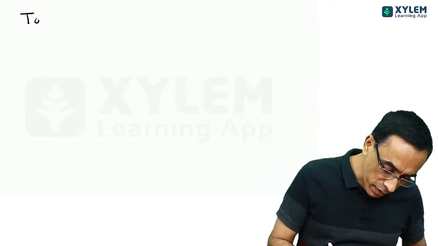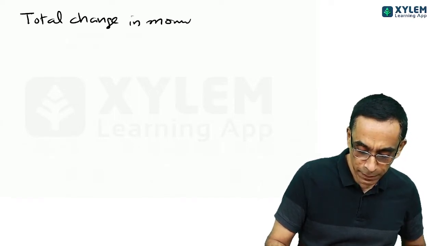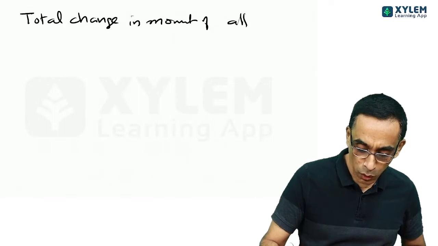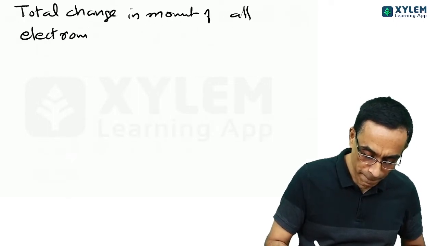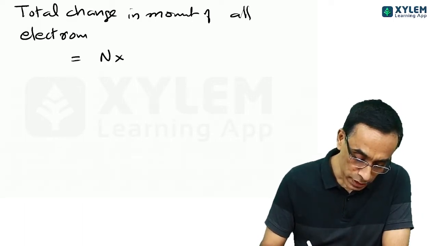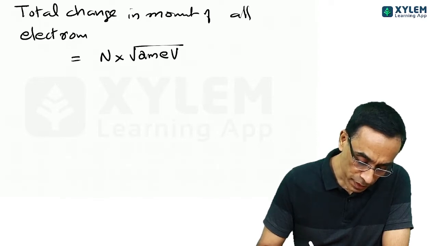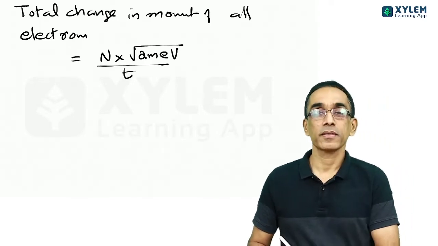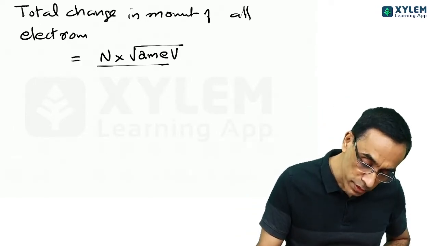So what is the total change in momentum of all electrons? That is number of photons into root 2m into E into V. I'm sorry, we don't want T. This is the total change in momentum.